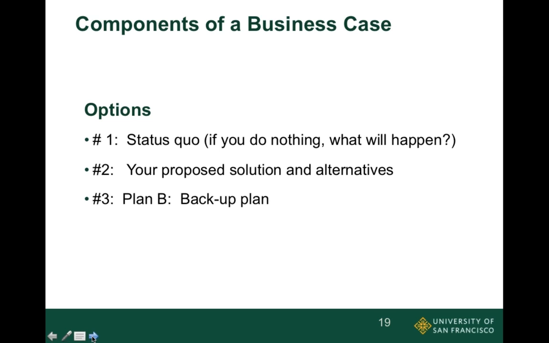I like to propose more than one option when you're building a business case. I like to let my administrator know that if we do nothing and we just maintain the status quo, something will happen.